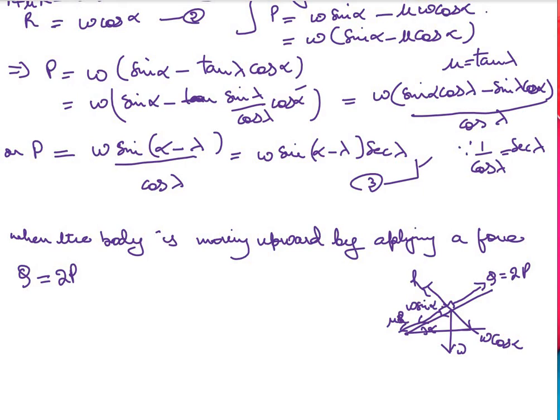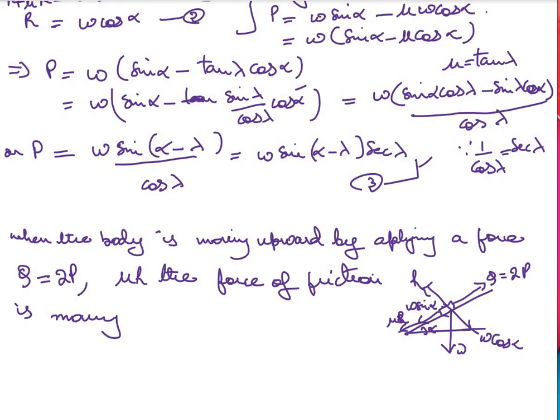So when the body is in the position of moving upward, by applying a force Q equal to twice P, mu R, the force of friction, is acting downward, where R is the normal reaction.